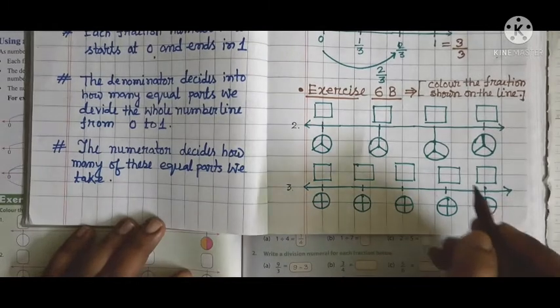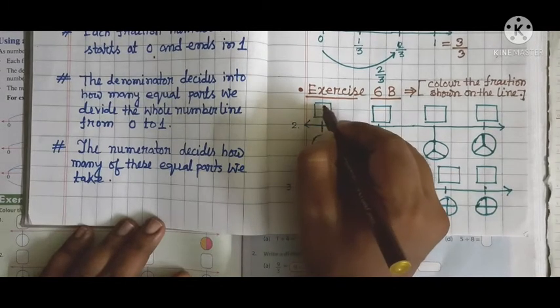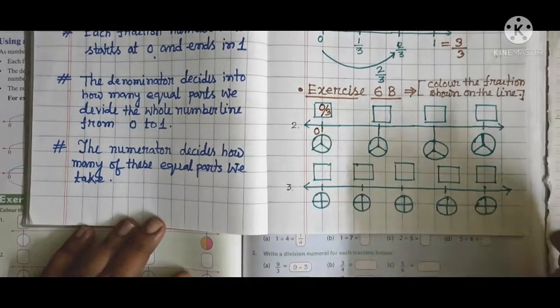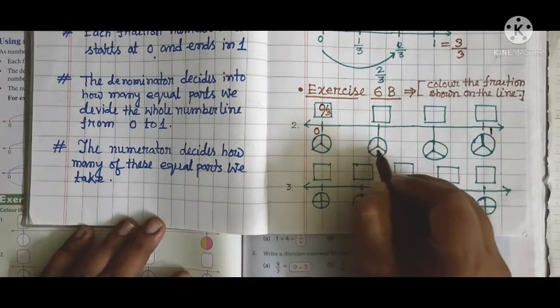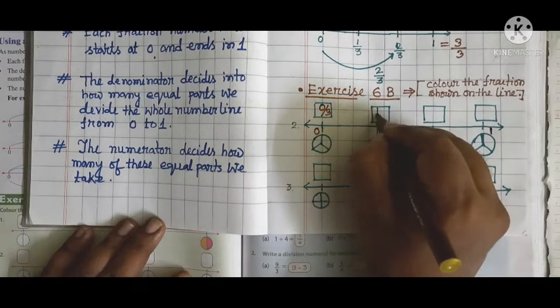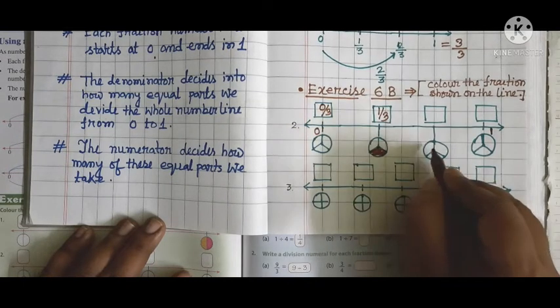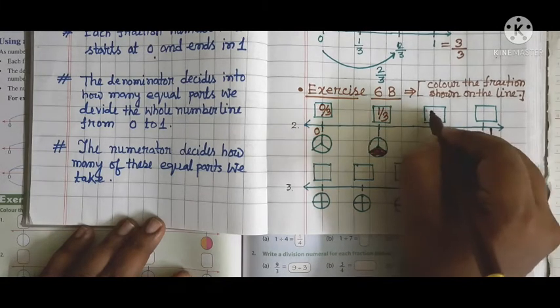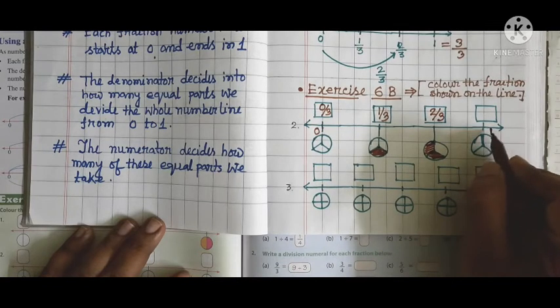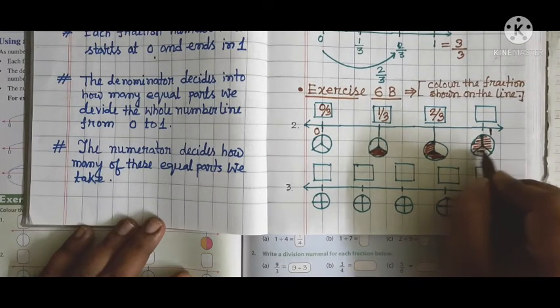Therefore we can write the first point as 0 by 3. It is 0 and the last point is 1. Okay, this is 1 out of 3, that will be written as 1 by 3. That portion is 2 by 3. With 2 portions shaded, it will be 2 by 3.